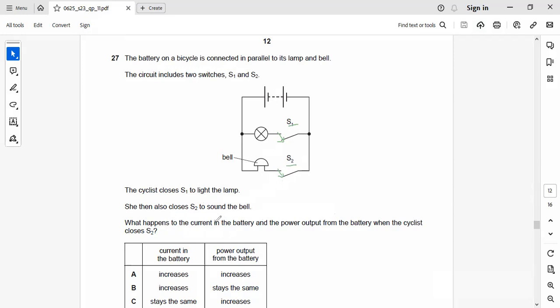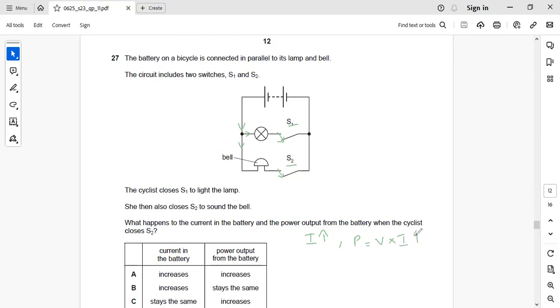So what happens to current? Here you can see the current will be flowing first initially in this path. When he is closing S2, it will flow in this way also. So the current is getting added up. The current is increasing here. Then what happens to power? Power is equal to voltage times current.